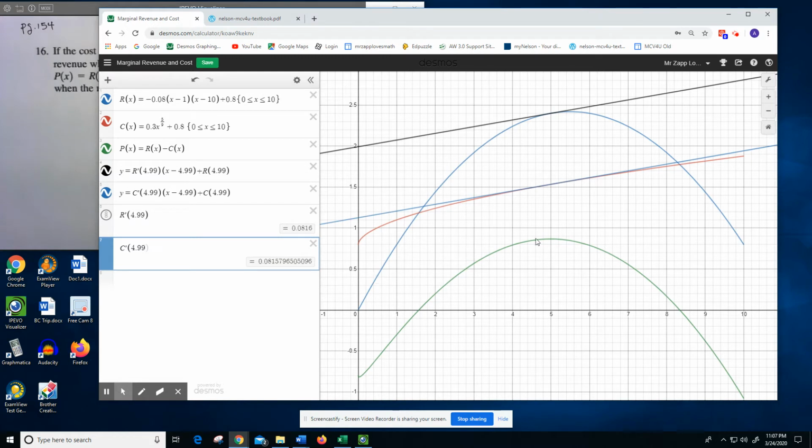So it looks as though we're going to have maximum profit when the derivative of the revenue function is equal to the derivative of the cost function. Because remember, the derivative is just the slope of the tangent at that point. Or if we want to use the more economics type terms, when marginal revenue is equal to marginal cost.